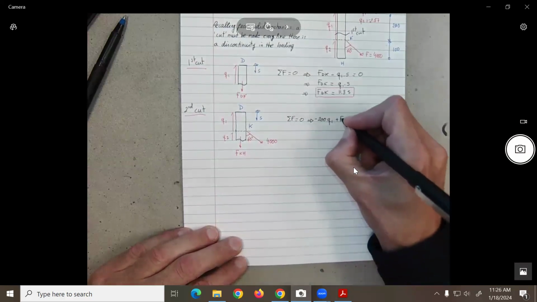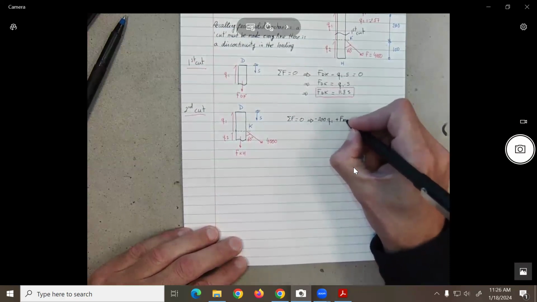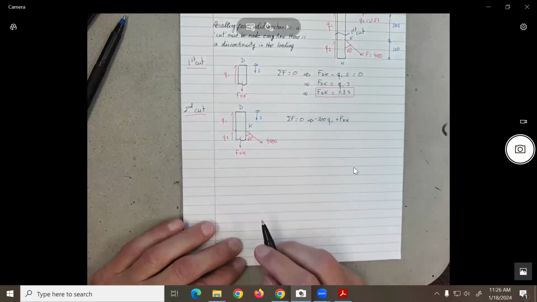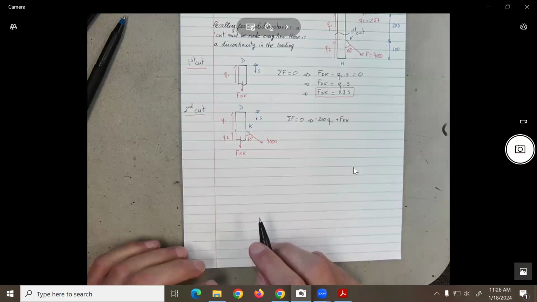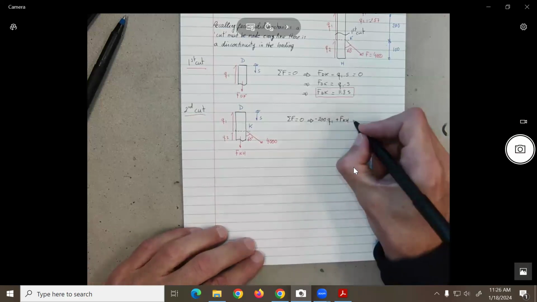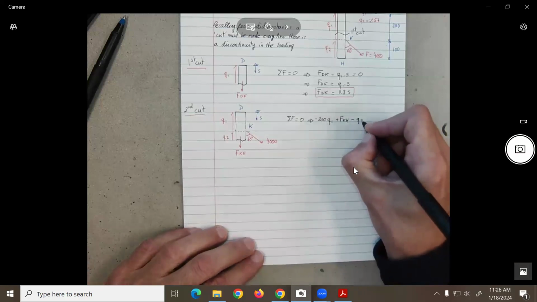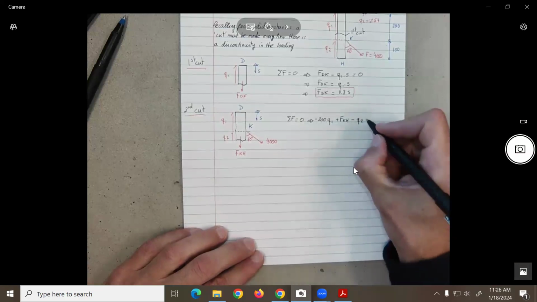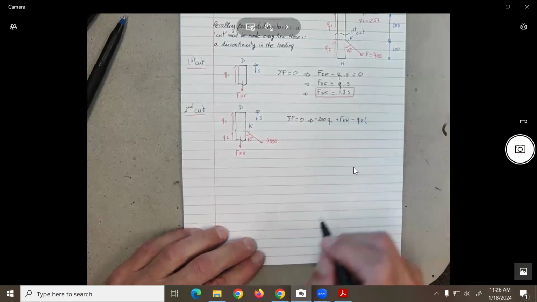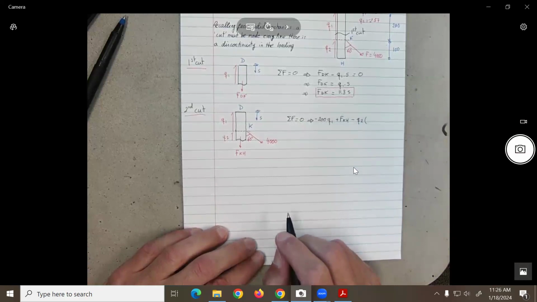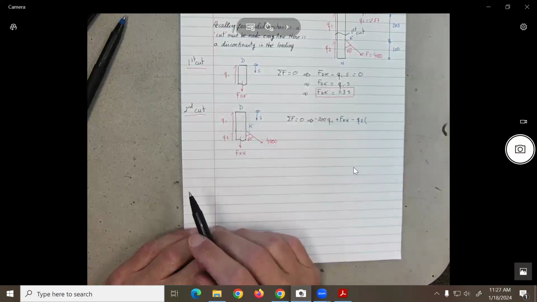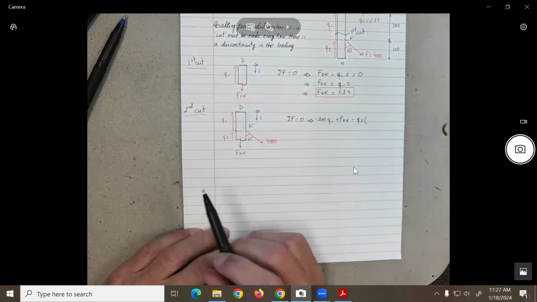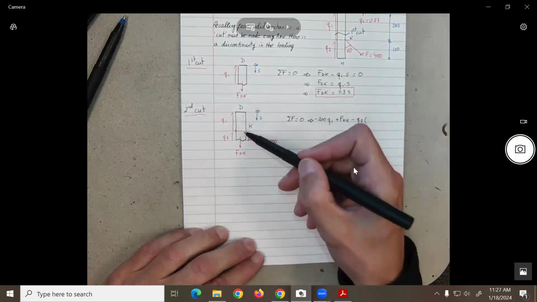Plus FKH, maybe I should have started by this one. Minus Q2, what should be the distance where Q2 is applied? No, it's not S because S starts over there. It should be S minus all that distance, no?